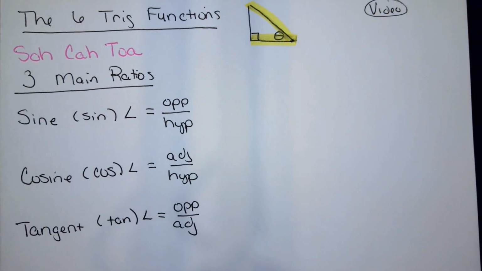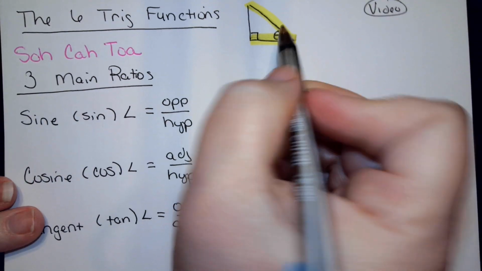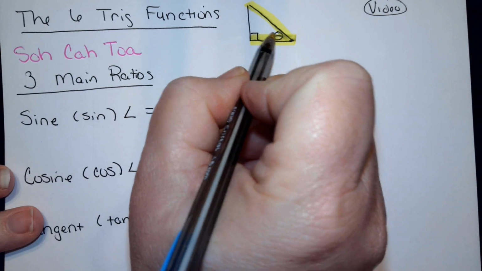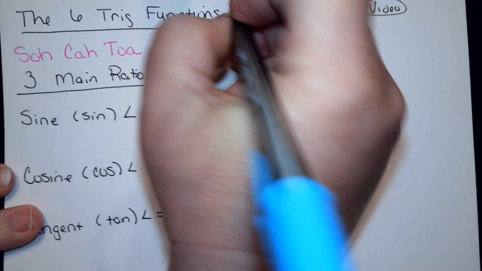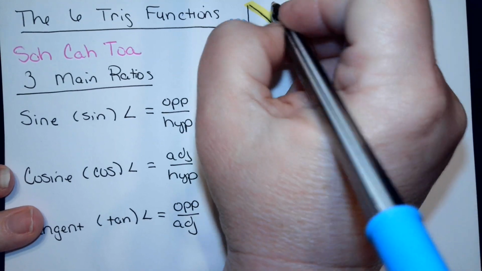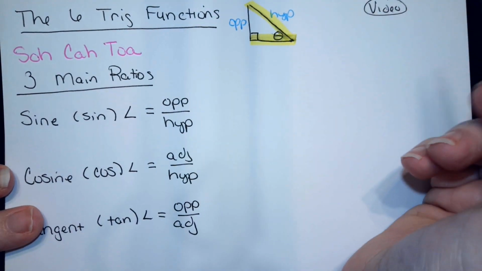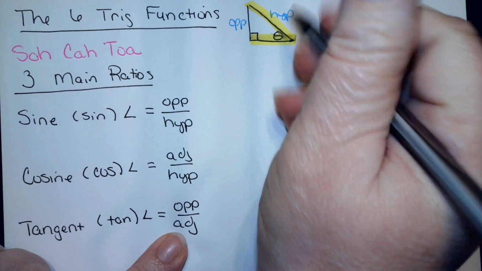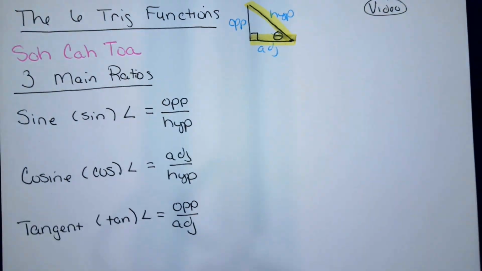The side that is not highlighted is going to be the opposite side. Here's your angle, and directly across from it is the opposite side. This is opposite of the right angle, so this is the hypotenuse. And remember, adjacent means beside, so this is the side beside the angle, the adjacent side.